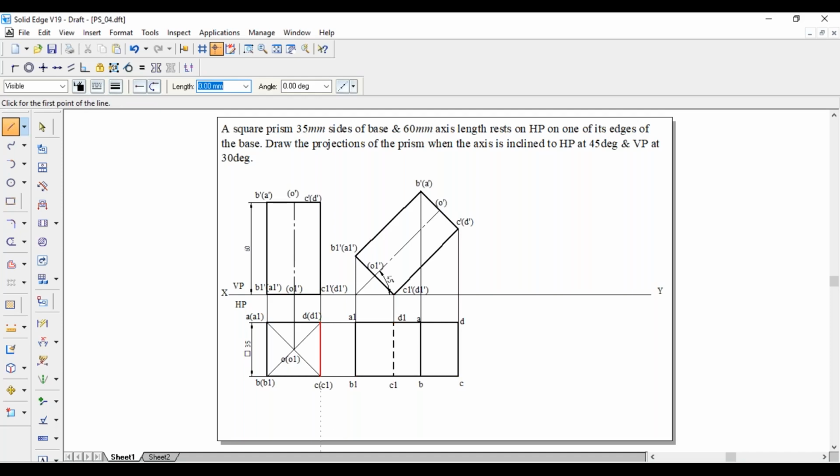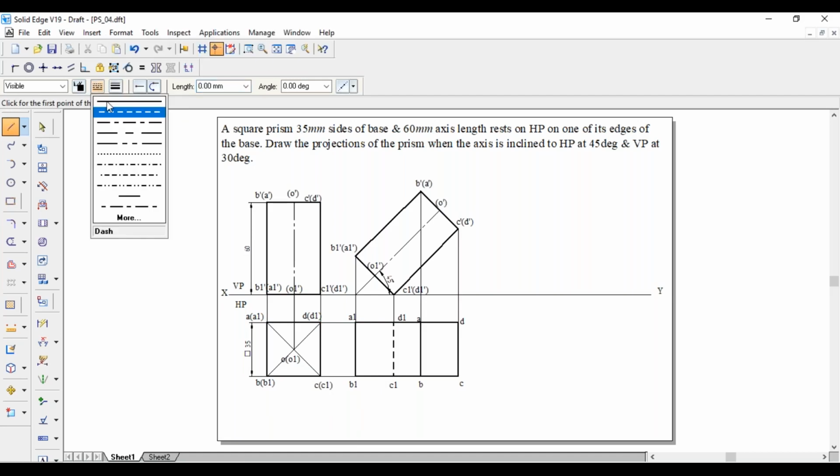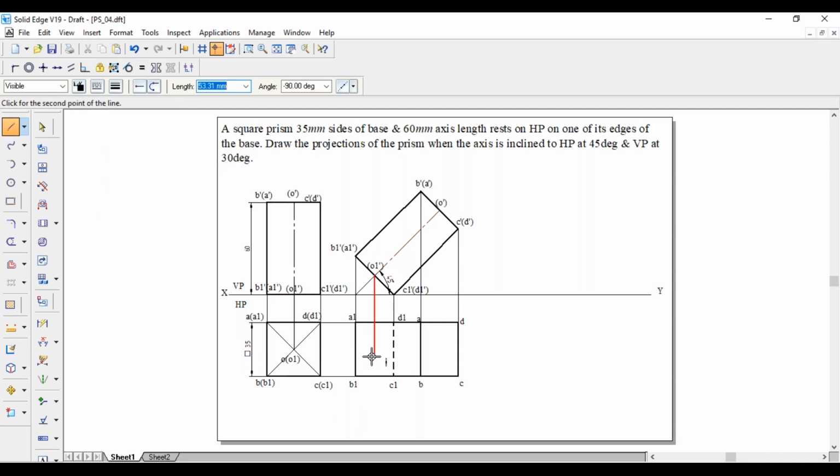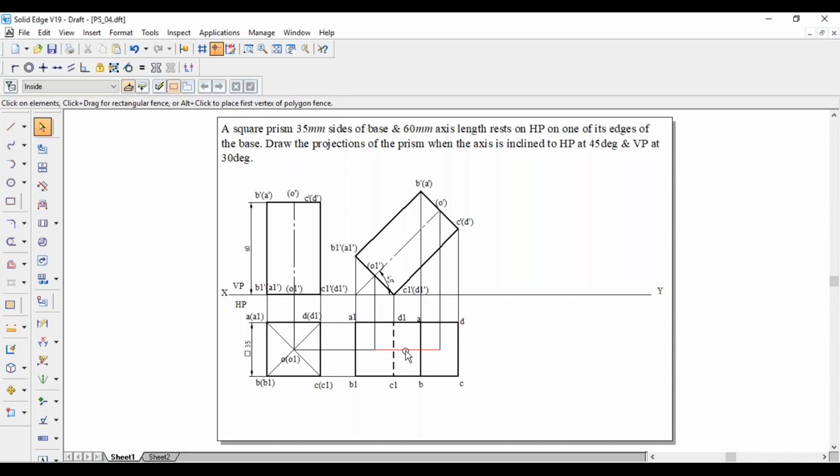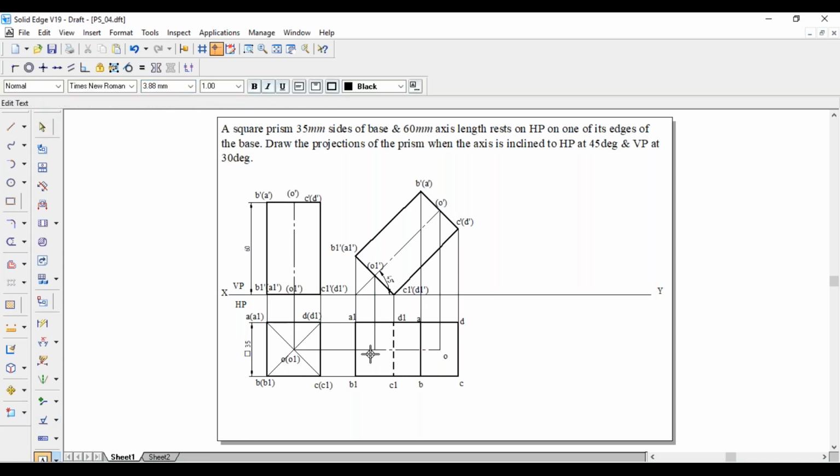Moving to the axis line. As the axis line is not coinciding with any other edges, so this is visible, and the top face is visible, so it will be O. The bottom face is invisible, it will be in the bracket O1.